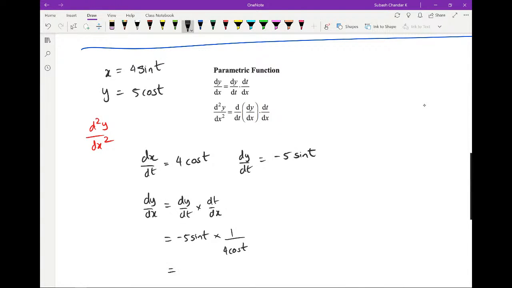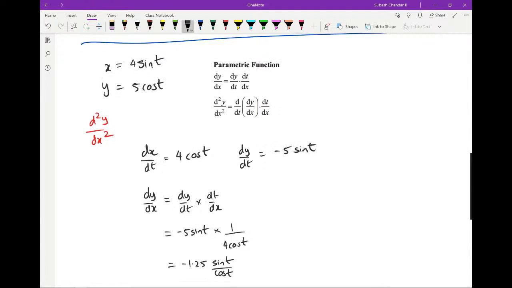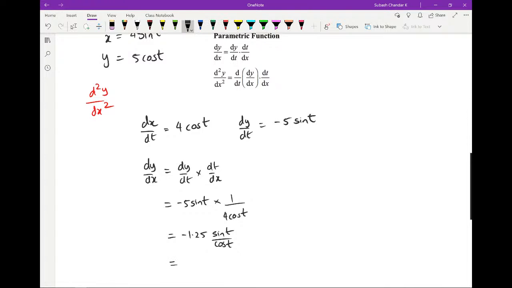So we can rewrite this as -1.25 sine t over cos t. Now remember, sine over cos is equal to tan, so we can rewrite this as -1.25 tan t.